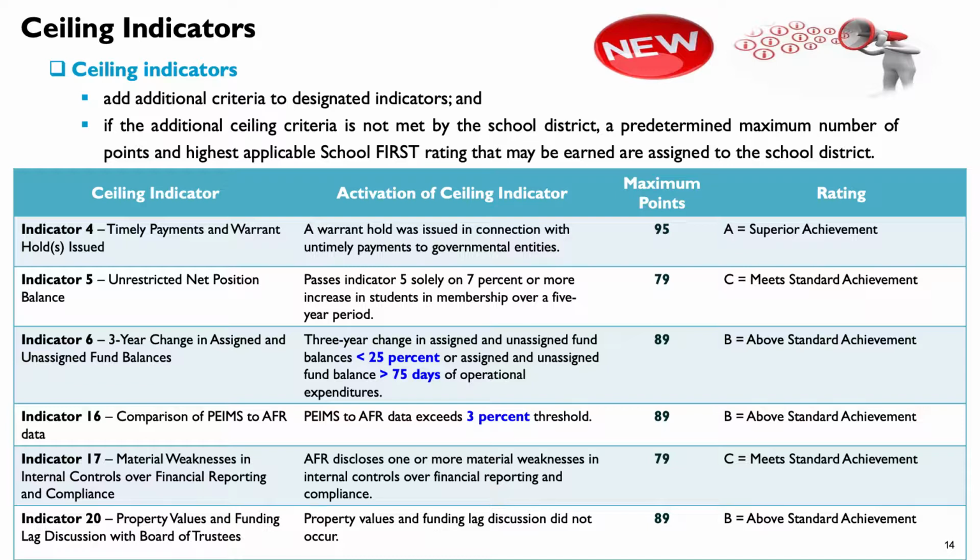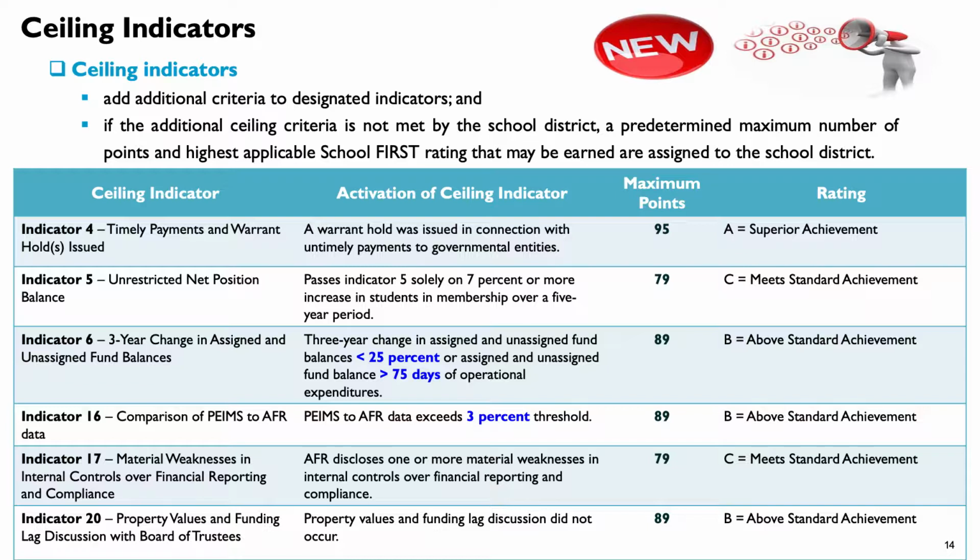So the commissioner said, what can we do? So that's why we have ceiling indicators. They just add extra criteria, and if you don't meet that criteria, then there's a maximum amount of points and a maximum rating that your district may receive. They are not point driven, but they will drive down your rating.